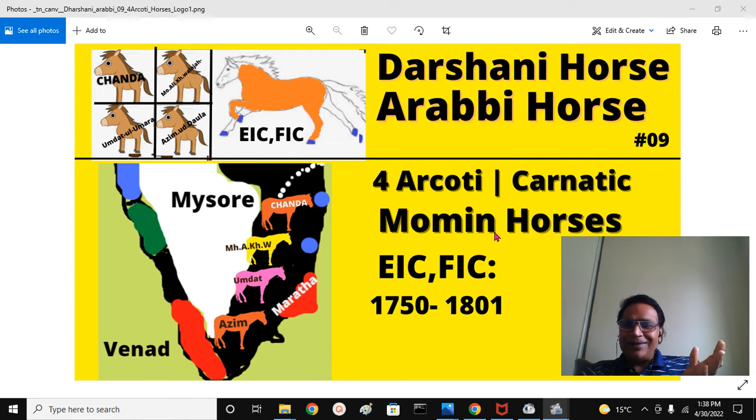These are Mumin horses, means Mumins are the followers of the militant conversion-based ideology of Islam, which is hostile to native populations, Kafirs. These are all Mumins, Muslims. The first horse is Chanda Saheb here.